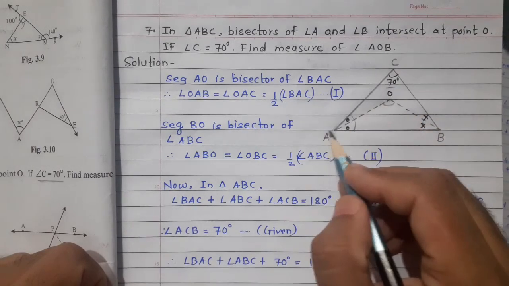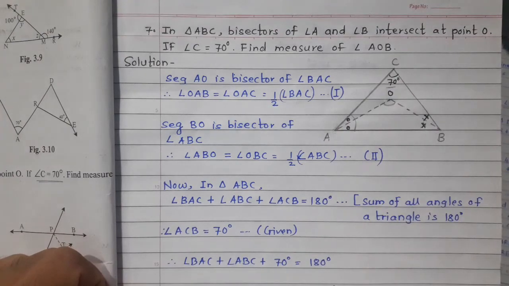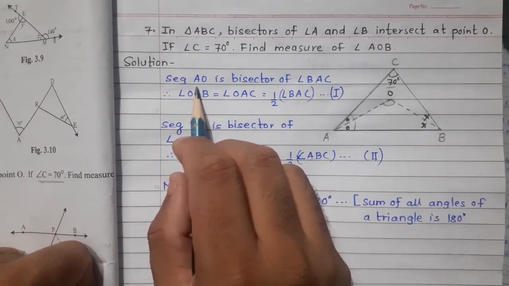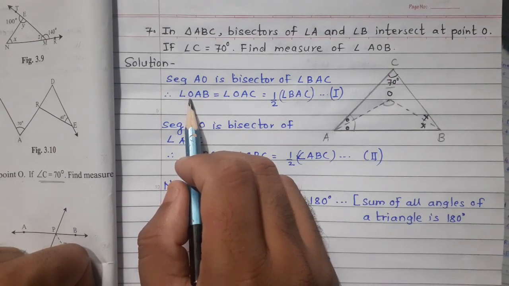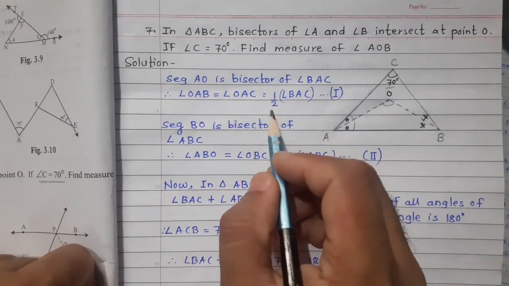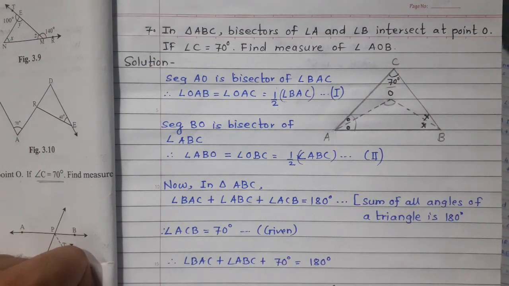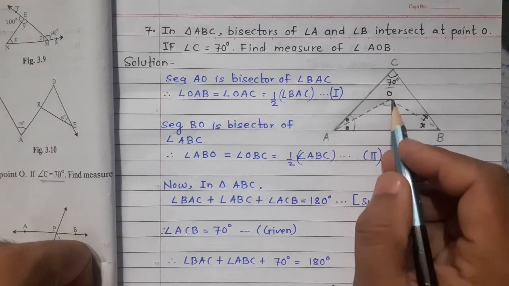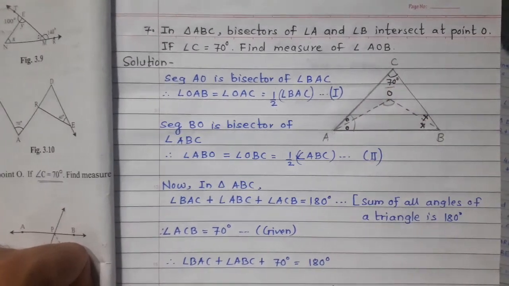Since segment AO is the bisector of angle BAC, we can write angle OAB is equal to angle OAC is equal to 1/2 of angle BAC, because due to bisector AO we have two equal parts of angle BAC.